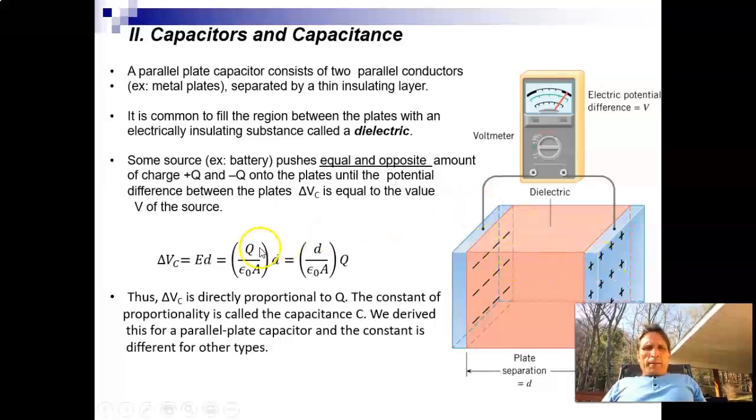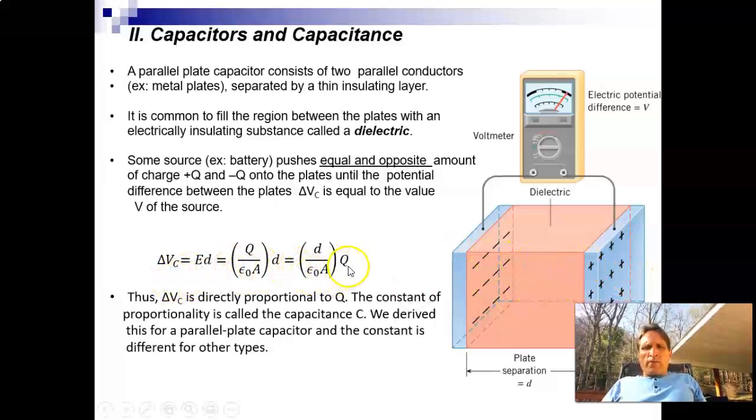We found that the potential difference across the plates is linearly related to how much charge has been moved from one plate to another. So the more charge we move over, the larger the electric field, the greater the potential difference.